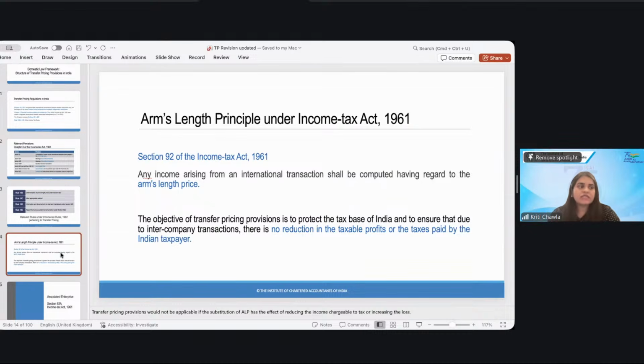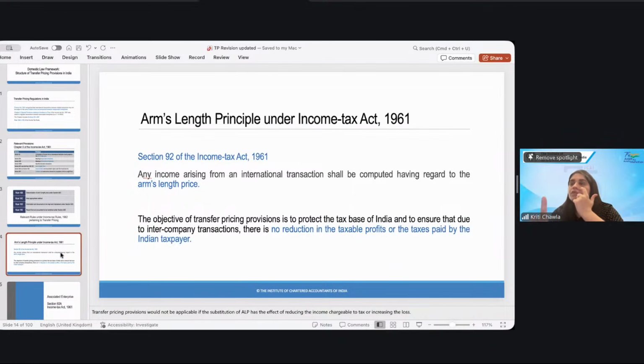So, the objective of transfer pricing provisions in India, or generally, is to protect the tax base of India and ensure that due to intercompany transactions, there is no reduction in taxable profits or the taxes which are paid by the Indian taxpayer.